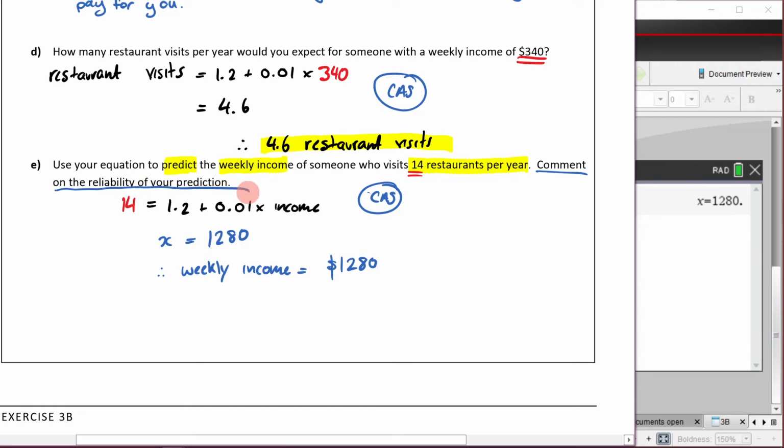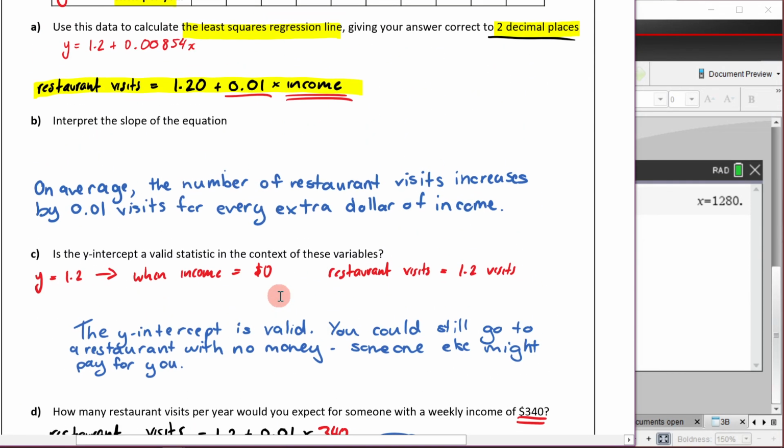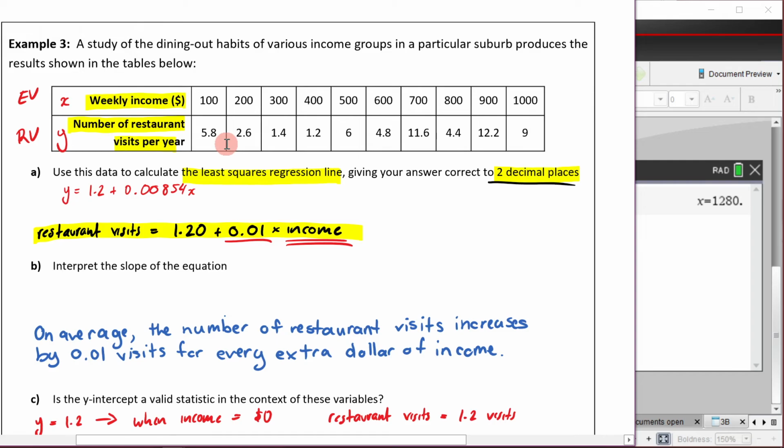When it's commenting on the reliability of the prediction, what it's saying is, am I extrapolating or not? And I am extrapolating. The reason I know it's extrapolation is because if we come up here for a moment, you can see I have 5.8, 2.6, 1.4, 1.2, 6, 4.8, 11.6, 4.4, 12.2, and 9. 12.2 is the biggest.